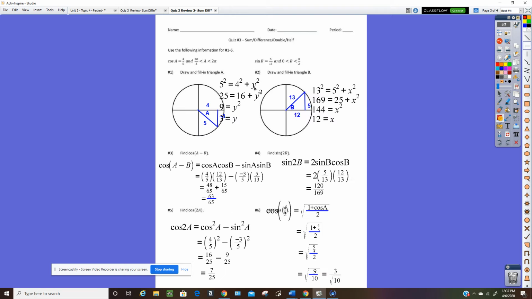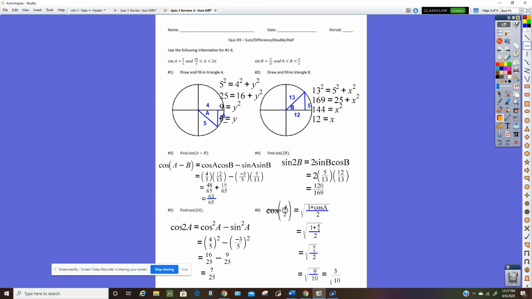And then this is a second review similar to the first one here. The first one I just went over, but if you have the cosine of angle A is 4/5, but you're in the fourth quadrant, so it's between 270 and 360, you're going to draw a reference triangle down here. The adjacent is 4, the hypotenuse is 5.